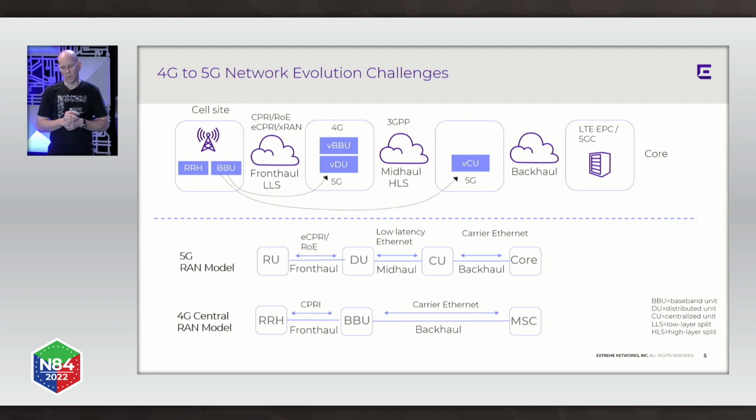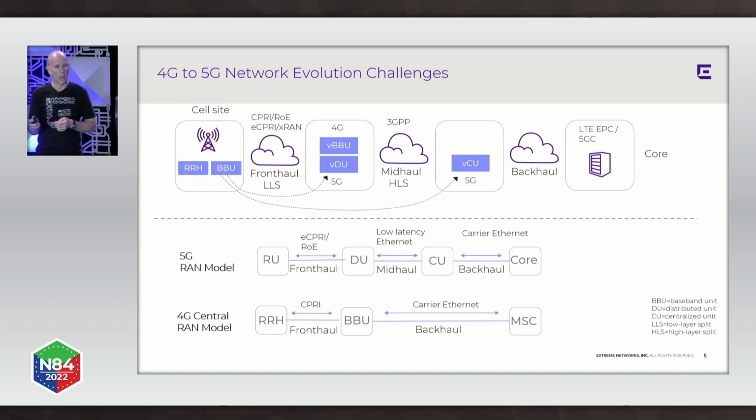Looking at the lower part of this illustration, you see clearly the 4G part, which was touched on in the previous presentation, your backhaul and your fronthaul. Fronthaul being TDM because it's CPRI traffic, while now on the 5G model, you start to look into the midhaul and the backhaul part, which have the requirements of dynamic multipoint connectivity, compared to the 4G model where you had point-to-point connectivity based on layer 2 carrier Ethernet.